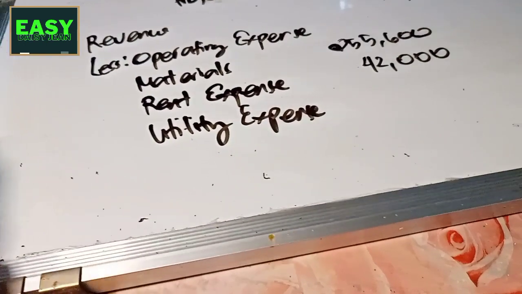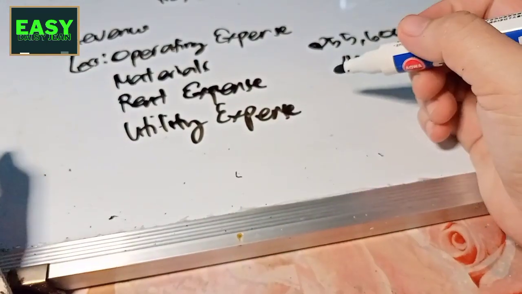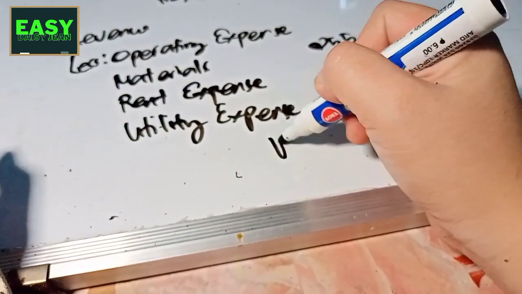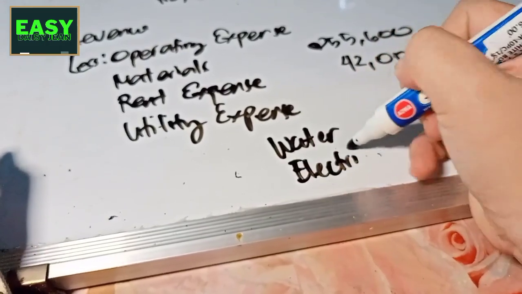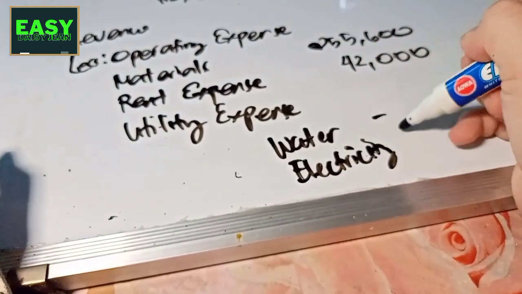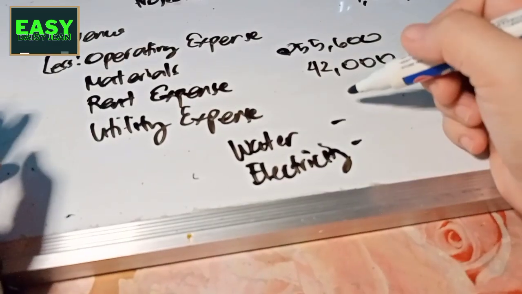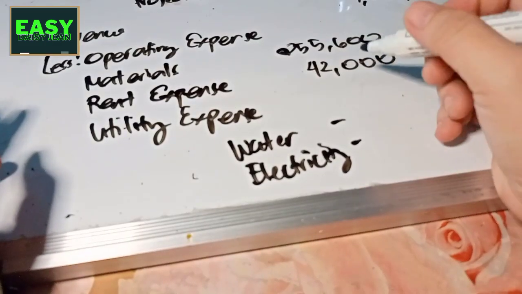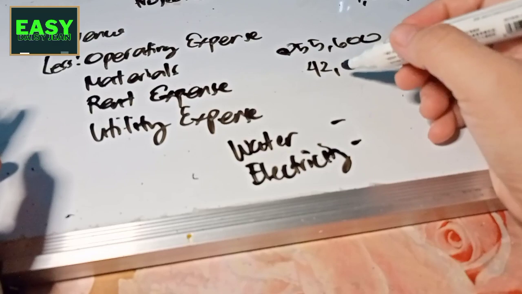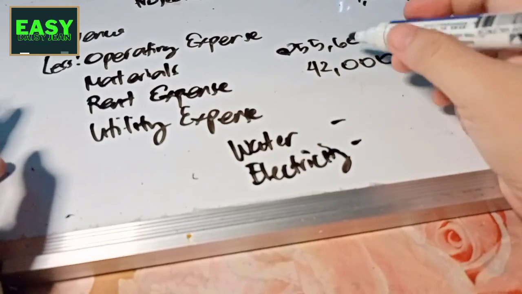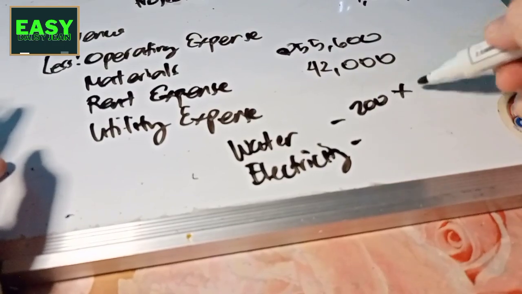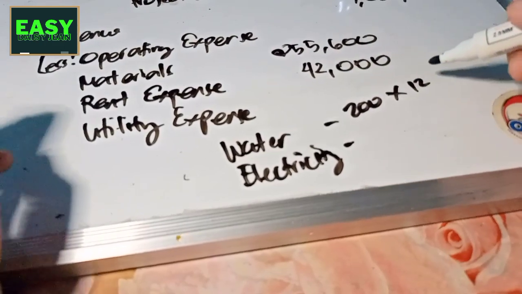And then, say for example, because you have an office, you will pay for utility expense. What are your utility expenses? These are your water and electricity. With the water, the minimum rate now, if I am not mistaken, here in our area is 200. You multiply it by 12 months again.